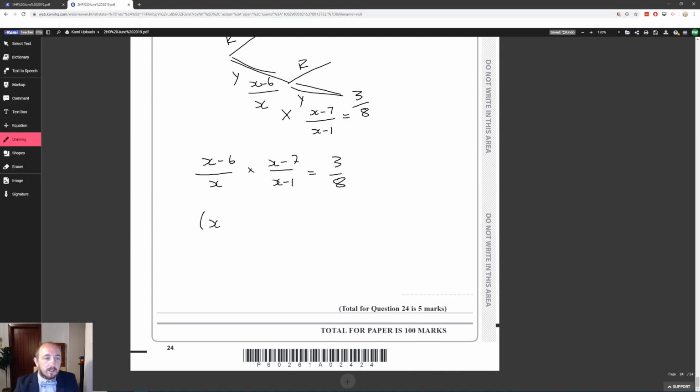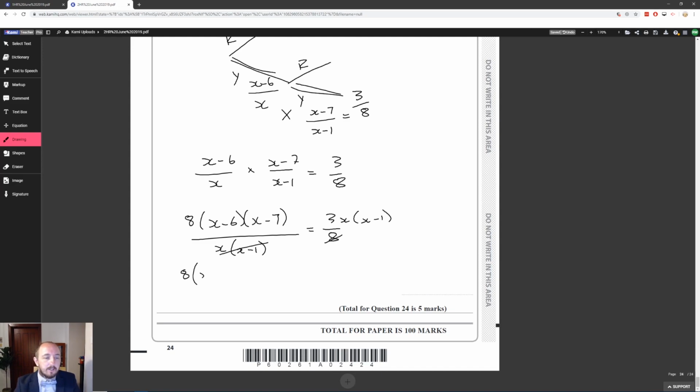We're going to multiply the numerators, multiply the denominators, like that, and then we're going to try and clear the fraction by multiplying both sides by x brackets x minus 1. So I'm just going to stick that up here and get rid of that, and then the 8 can go up here to clear that denominator.